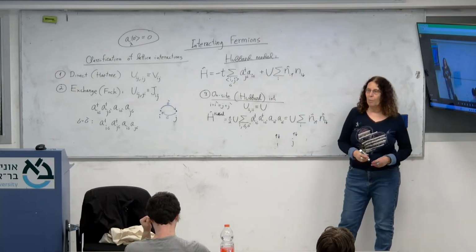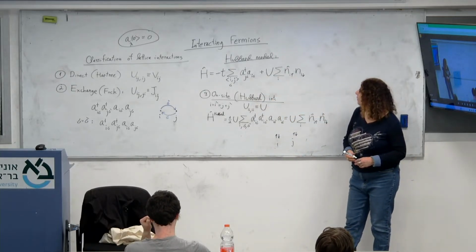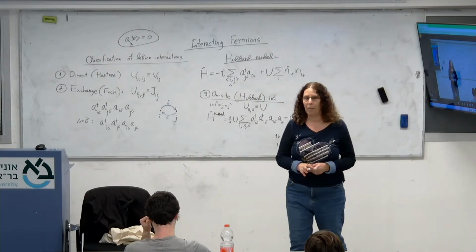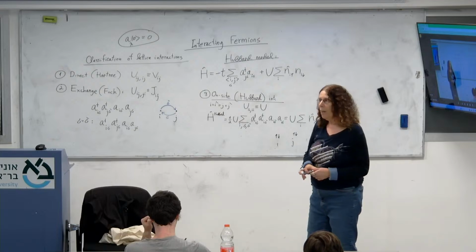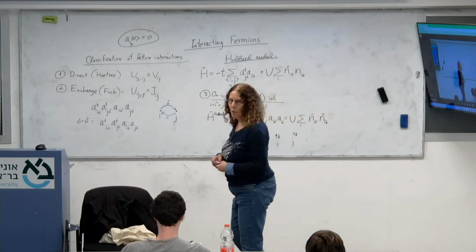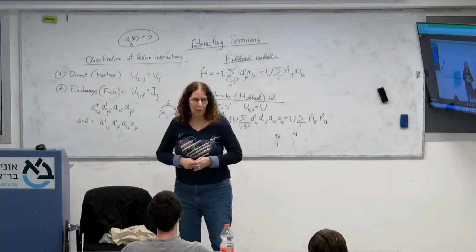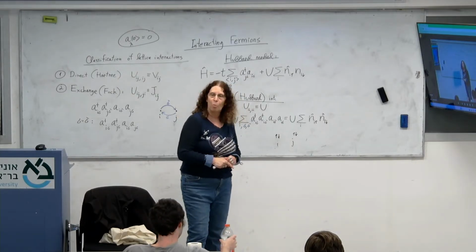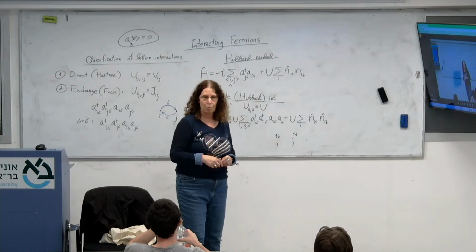This is called the Hubbard model. And what kind of physics does it describe? By the way, it is believed to be a good approximation for some materials like the family of the so-called cuprates, which are the high-temperature superconductors.